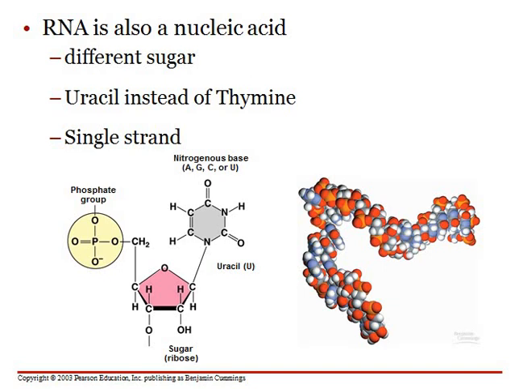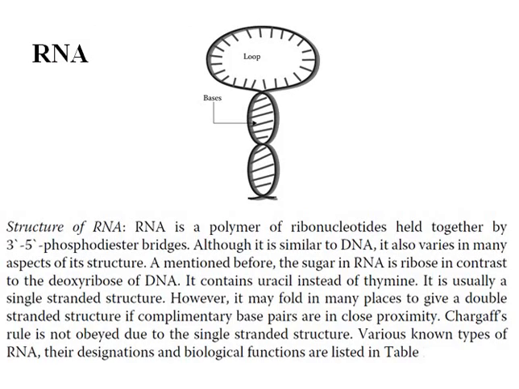Now in terms of the structure of RNAs, it's also a polymer, and here also you sometimes see different types of structure. Sometimes they are just a loose strand floating around. Sometimes they have a loop-like structure that you are seeing here and there.